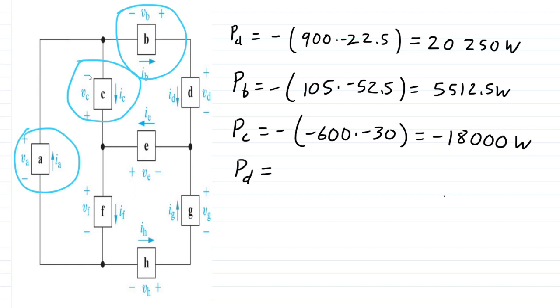PD. We have, let's see, this one we have the current flowing from plus to minus, so it's going to be a plus in front. I'll do 585, 52.5.